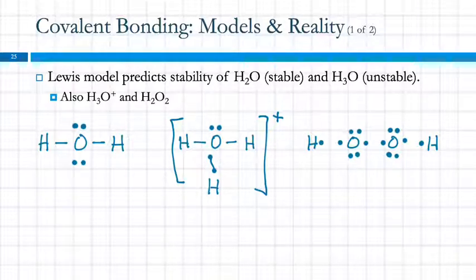So it can take this unpaired electron and share with hydrogen. And this other oxygen can share an unpaired electron with hydrogen. And then the oxygens are like, hey, I've got an extra electron here that I need to share. Oh, I do too. Let's share with each other. That seems to fit the Lewis model.